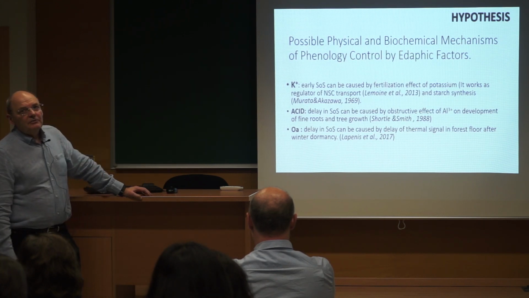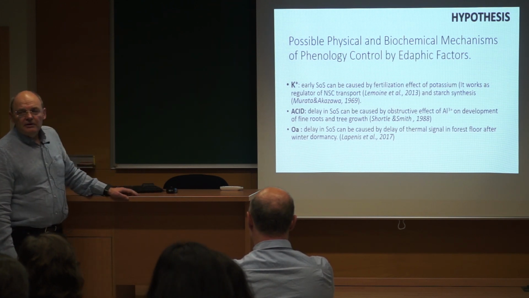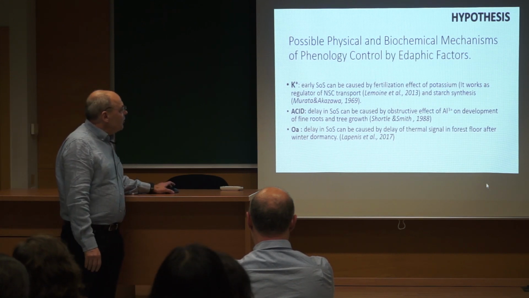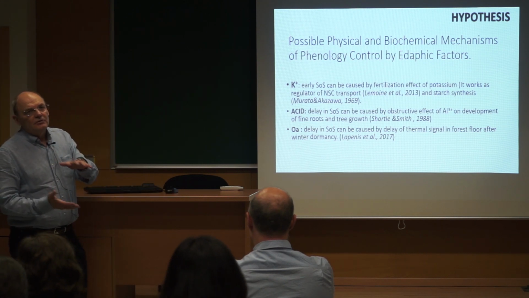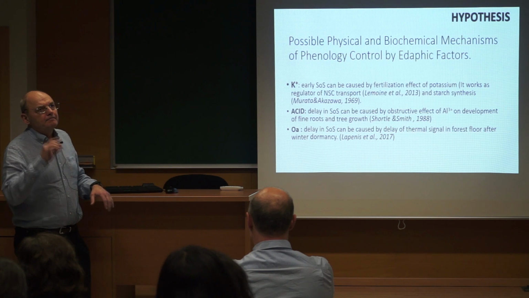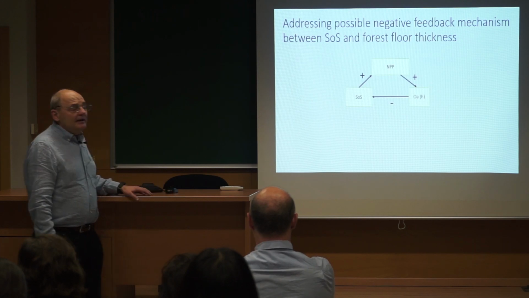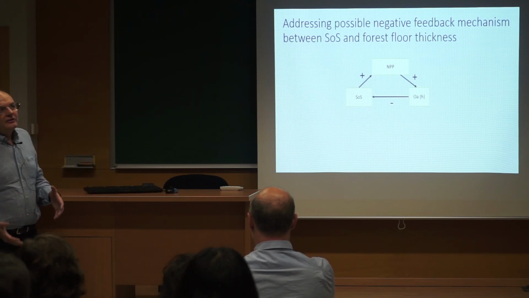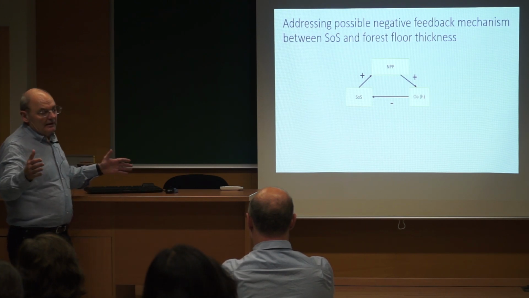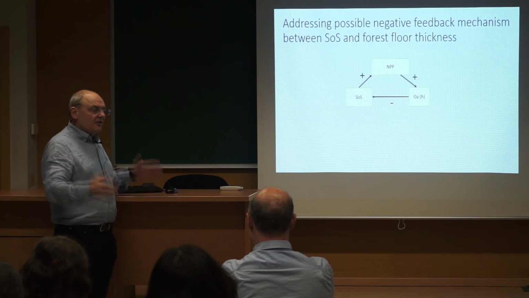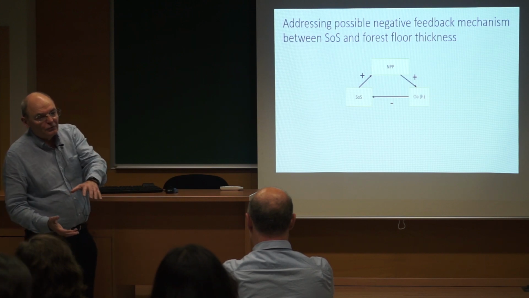However, as one of the reviewers mentioned, on these results they published last year, there is a conceptual problem in our hypothesis about the connection between the thickness of the forest floor and the start of the season, because one can argue that there is a negative feedback between them. If the season starts early, that theoretically could increase the growing season, that might increase NPP, and so that will increase the input of litter into the forest floor.